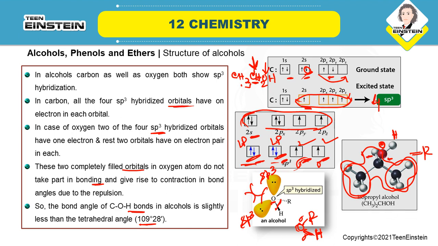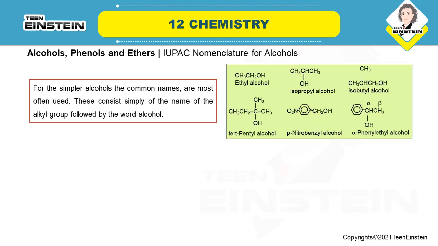There is one hydrogen attached to this carbon, so this total group will be R. So you can compare this, there will actually be 2 lone pairs. There will be repulsion between these lone pairs. As a result, the angle between carbon, oxygen and hydrogen will now be lesser than 109 degree 28 minute. Fine.